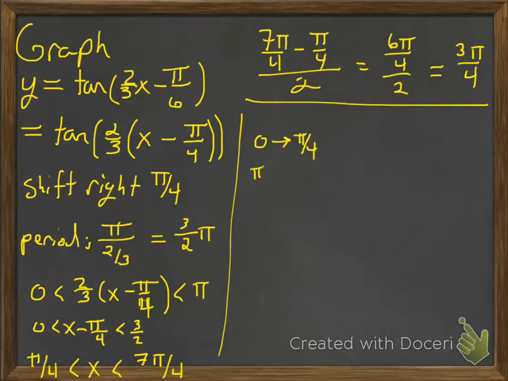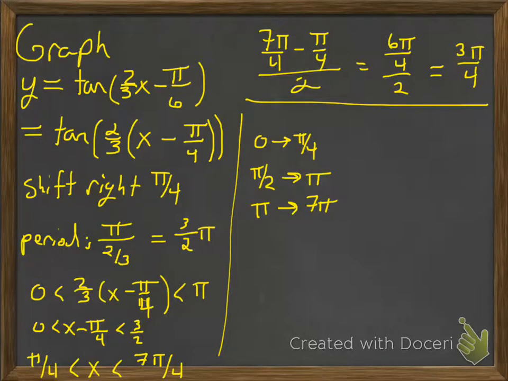So if we do the 0, the pi over 2, and the pi, the 0 is going to be our start, and we start at pi over 4. And then normally we do 0, pi over 2, pi, and maybe like 3 pi over 2 for those asymptotes.